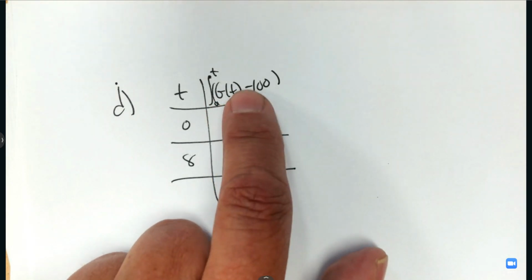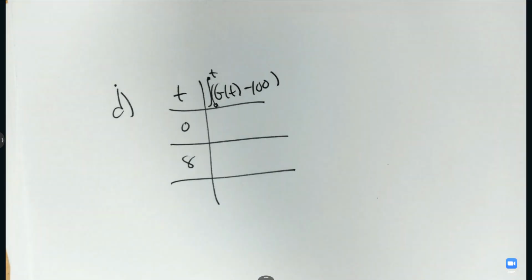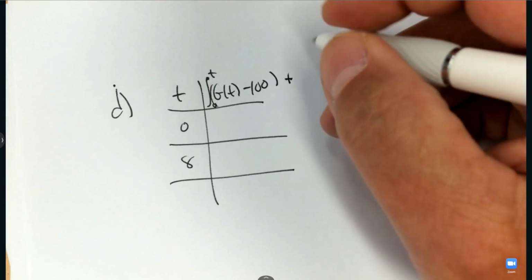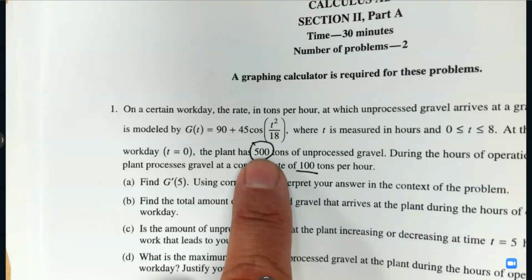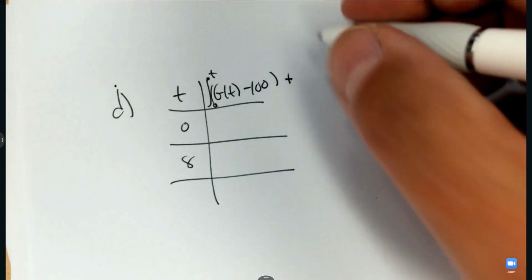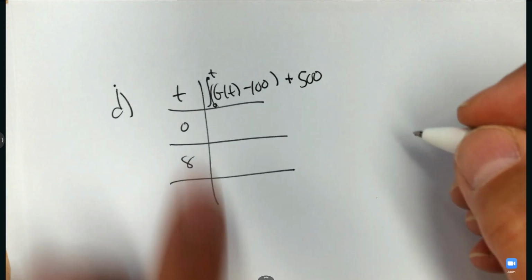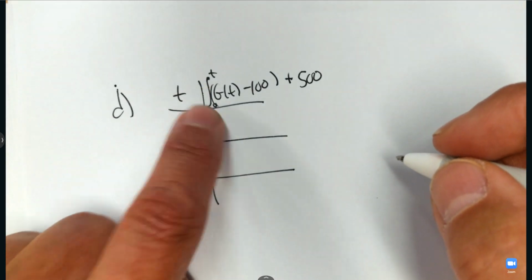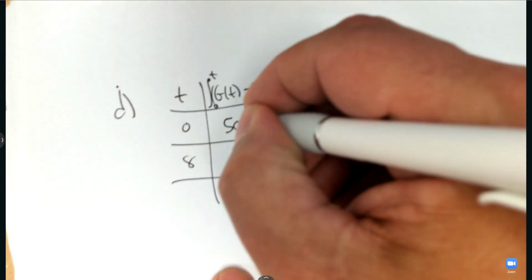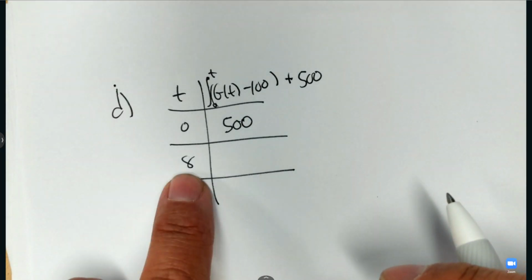I integrate that, subtracting from 0 to whatever number I want. So first of all, if I go 0 to 0, I have to remember the thing I circled at the beginning. How much do we have to begin with? So the amount of unprocessed gravel, we started with 500. So when I plug in 0, I was tempted to say 0, but in the question it says we actually start with 500. Then I'm going to do the same with 8.